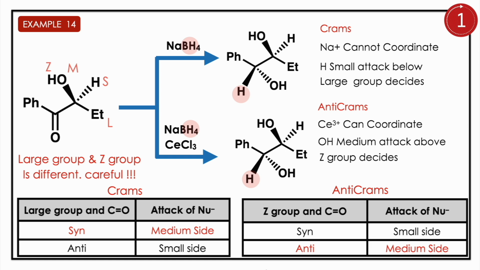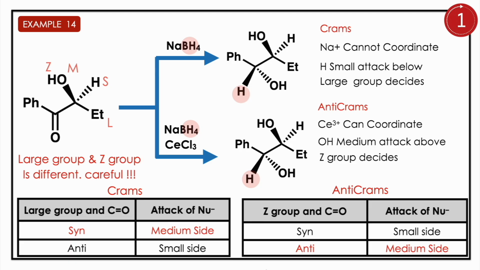On the contrary, cerium chloride anti-Cram's rule follows where Z group has high priority. Here Z group is OH which is anti to CO, so attack will happen on OH side. So according to the Cram's rule, Z group and CO anti mean attack will happen on medium side.